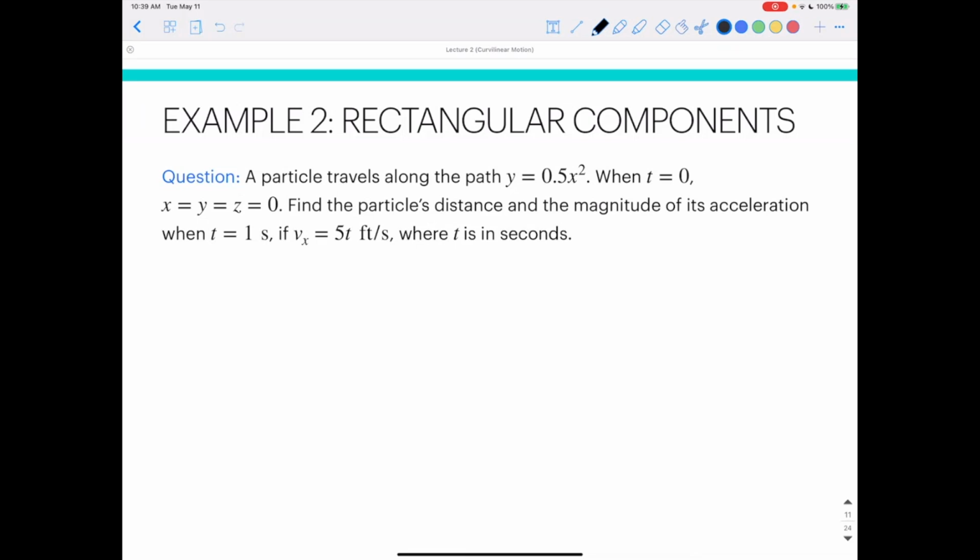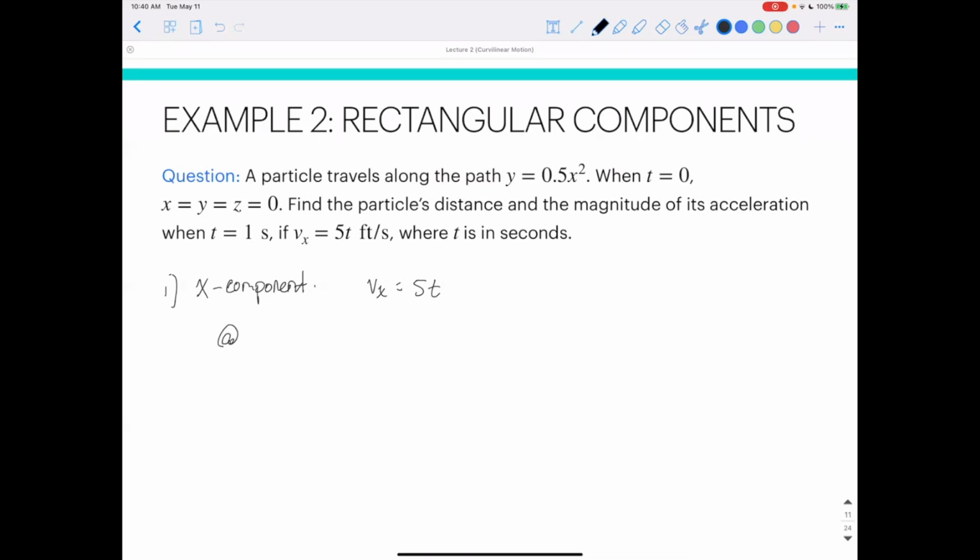To solve this problem, it might be easier to separate this into the x and y components. So let's start with the x component. So we know the velocity, vx, is equal to 5t.